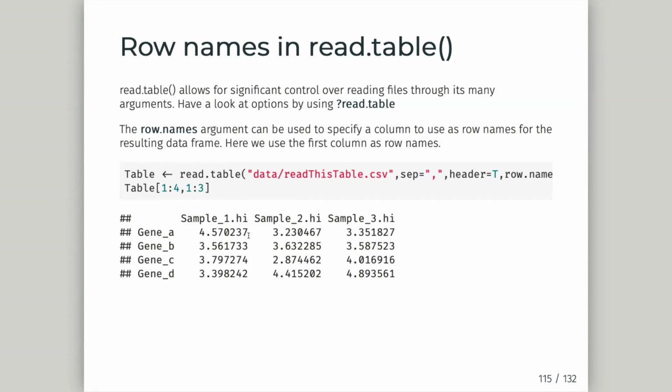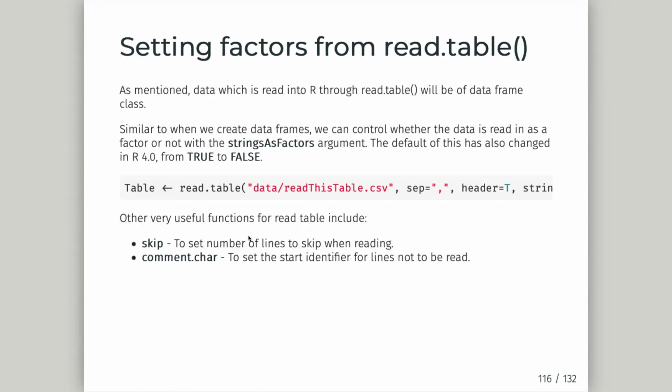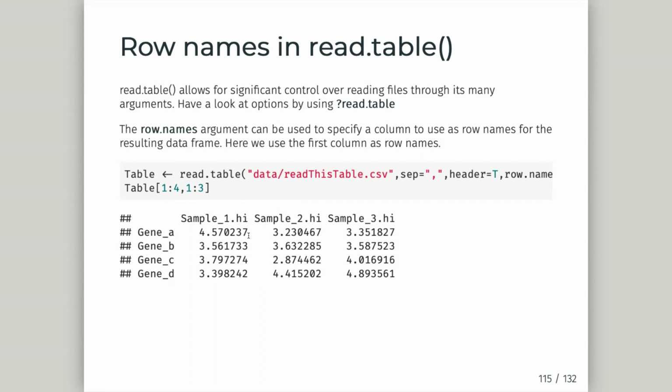Can anyone tell me why that might be useful? Yeah, exactly. That's one really fantastic reason. Already I can use that as an index. Another really useful thing is, as I said earlier on, matrices can only be one data type.